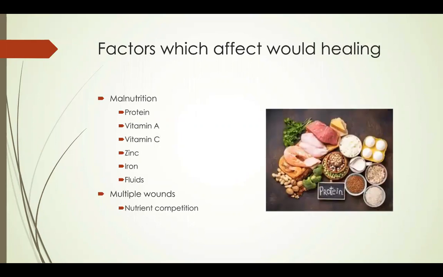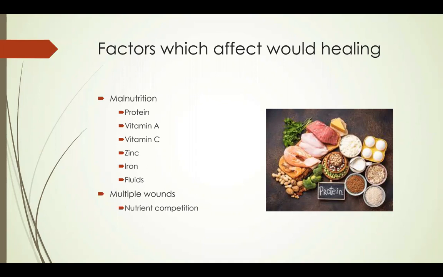Here we go with more of the nutrition. For a wound to heal, you need protein, vitamin A, vitamin C, zinc, iron, and fluids. Protein means meats, fish, peanut butter, a lot of those protein-rich foods.